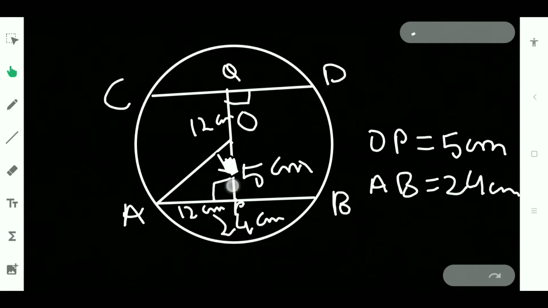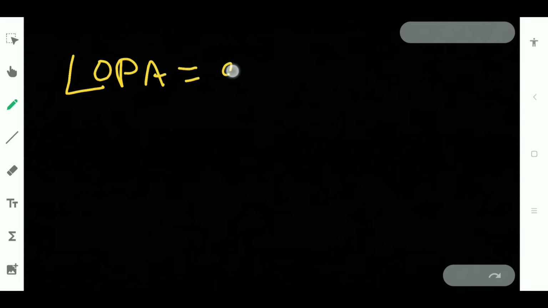Now, how do we find OA? Angle OPA is equal to 90 degrees.